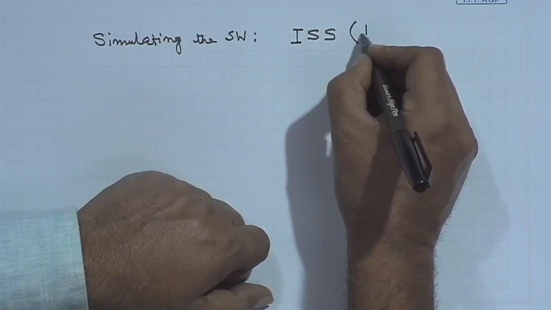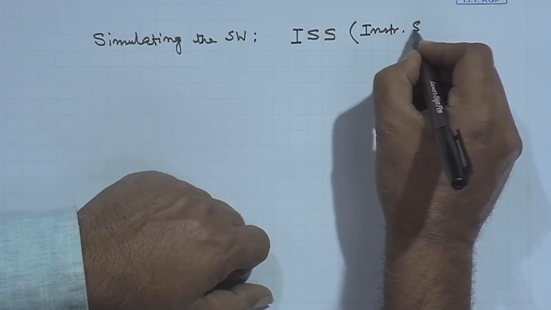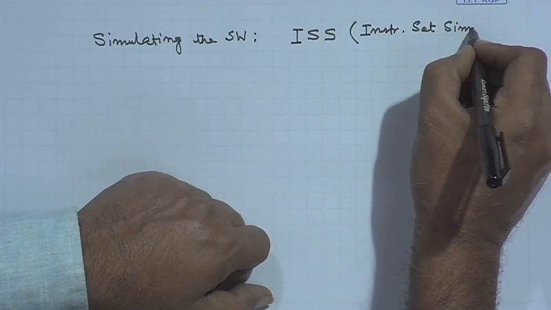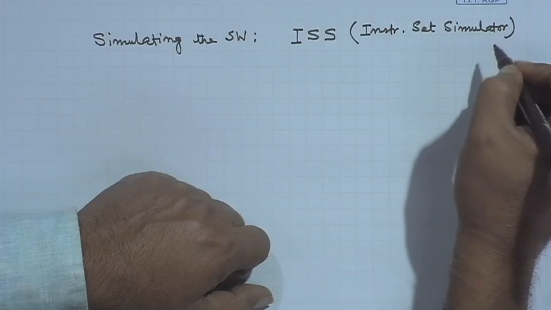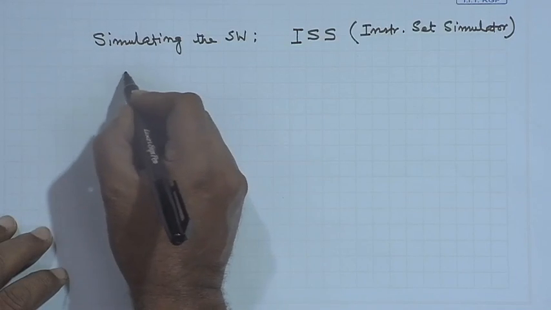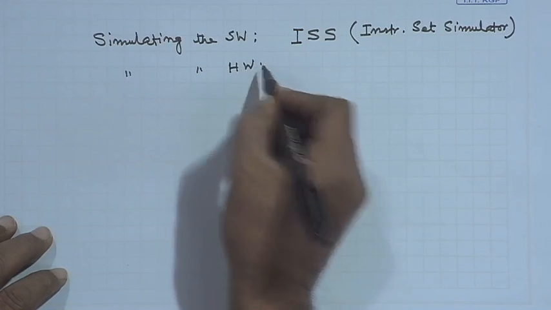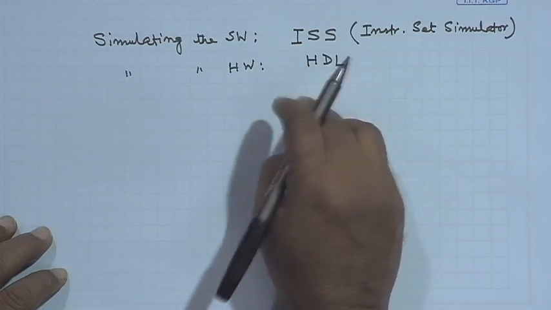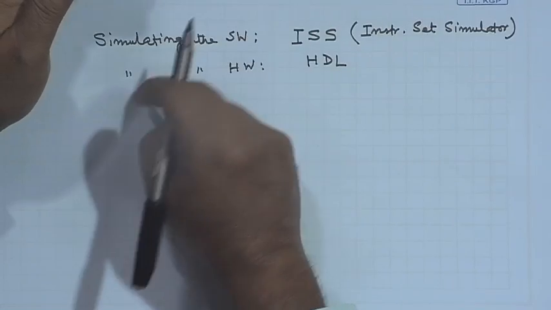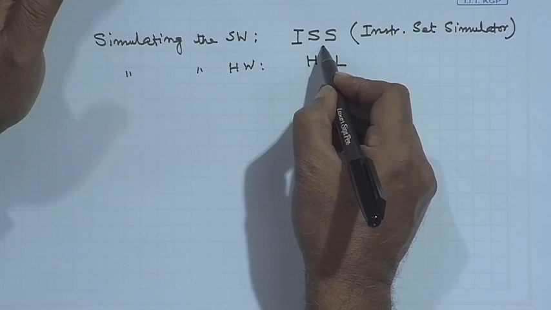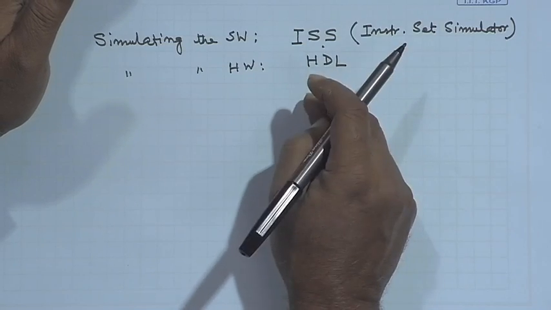And simulating the hardware, I have got HDL, say for example, if I describe it in Verilog, I can immediately simulate it. Now, we have to merge, if I want to do both of them in the same platform, my cosimulation tool should have the provision of capturing the ISS as well as HDL. So, that is the main challenge in cosimulation.